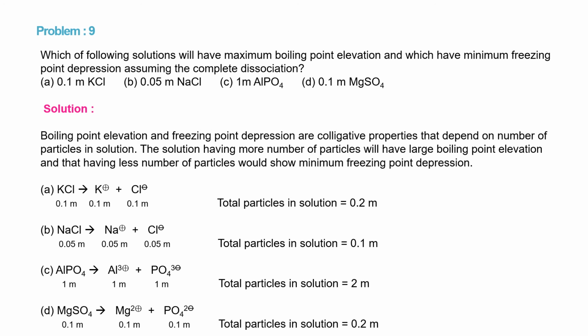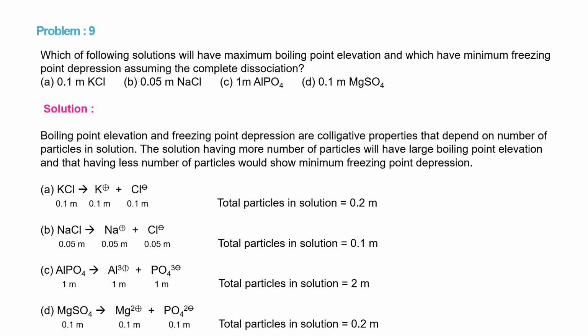KCl breaks down into K plus and Cl minus. In this case KCl is taken as 0.1 molar, and K plus and Cl minus ions are formed, so all are 0.1 molar. So the total particles in solution is 0.2 molar.